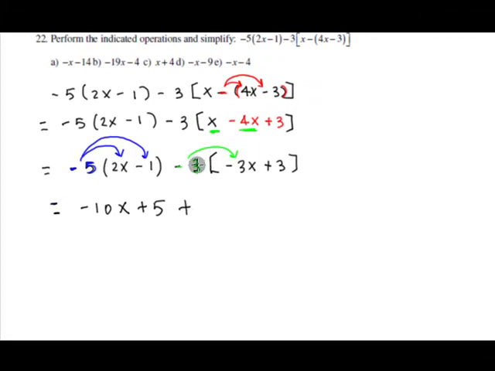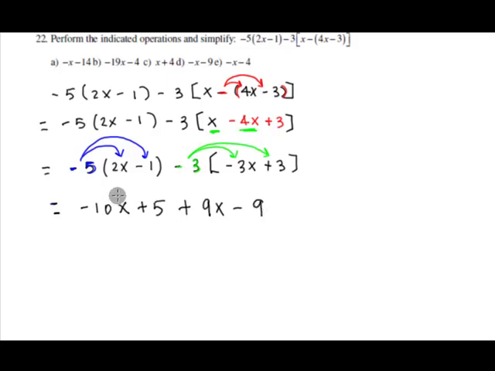Then just go 3 times 3x, which gives me 9x. Now we still have to deal with negative 3 times positive 3. Negative times positive is negative. We predetermine the sign first, then we just multiply the numbers. 3 and 3 is 9.